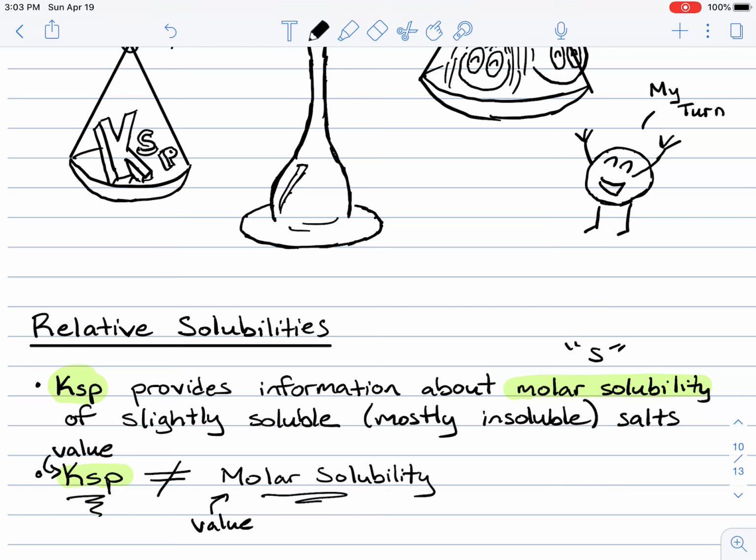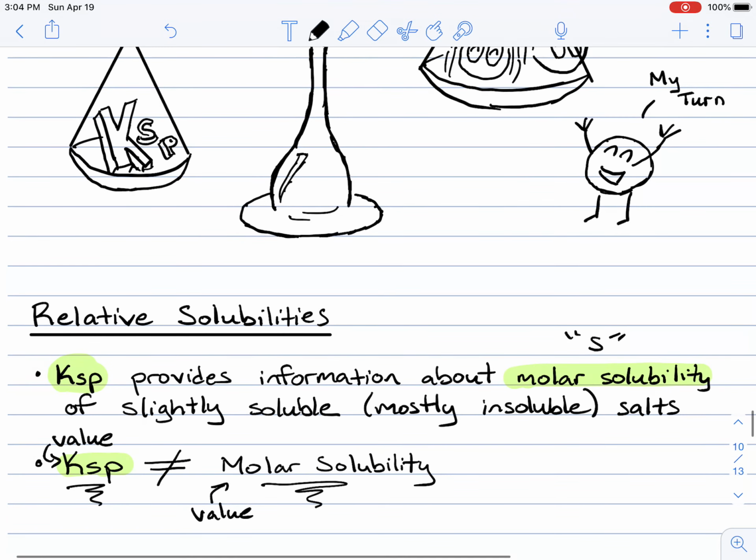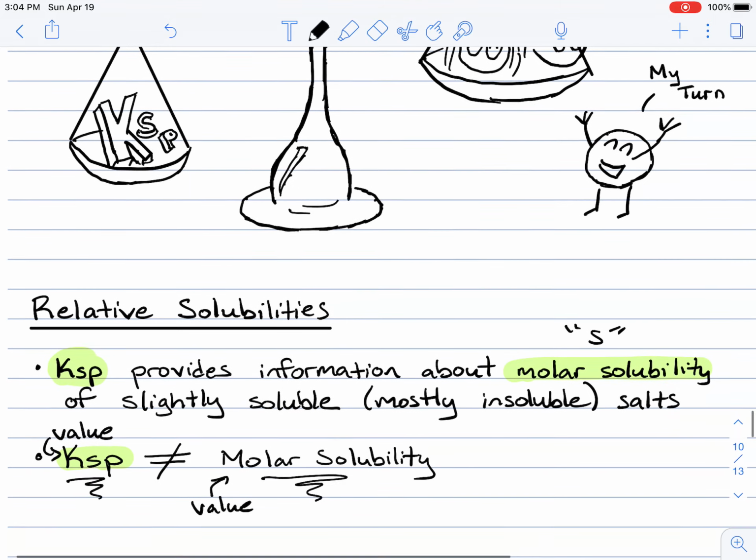You need to determine the actual molar solubility. There are some instances in which you can use the magnitude of the Ksp to make inferences about the trend of which slightly soluble compound is more soluble compared to another, and we'll look at that in just a second. But the main point I want to convey is that the actual value of Ksp is not the same as the molar solubility.